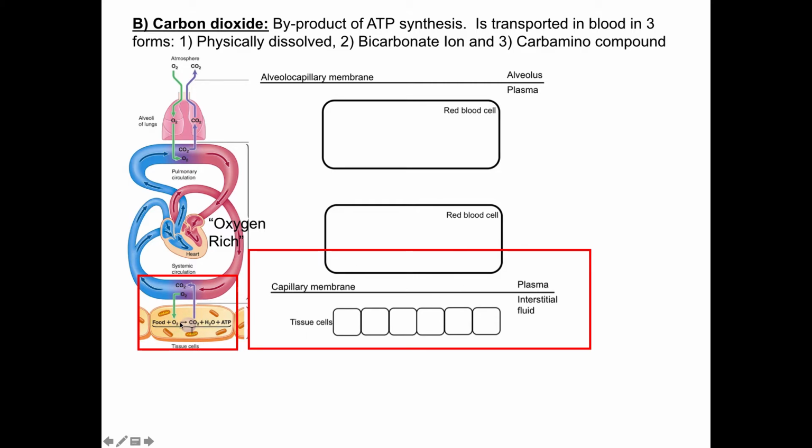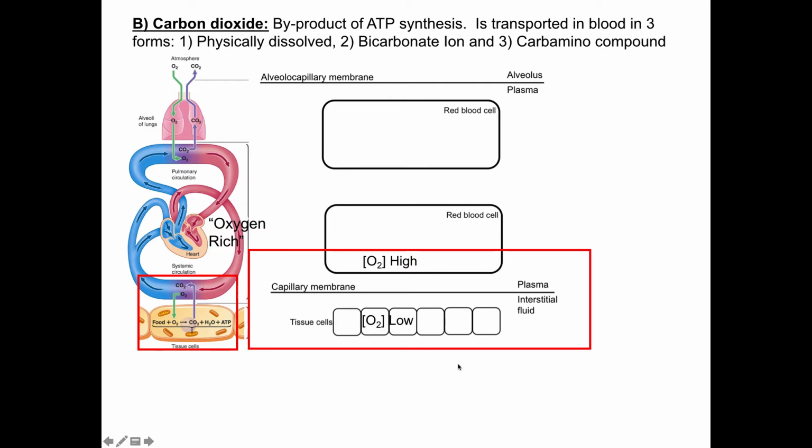Now, what are these cells doing? These cells down here, they're performing cellular respiration, which means they're consuming oxygen, and they're producing carbon dioxide as a byproduct. So, consuming oxygen, which means the oxygen in this oxygen-rich blood arriving to these cells is going to be higher than the oxygen in the cells themselves.